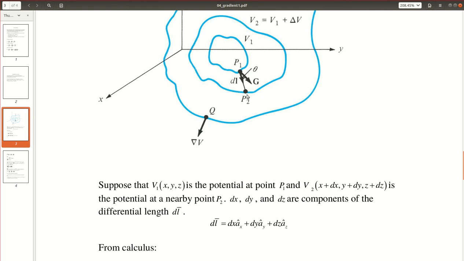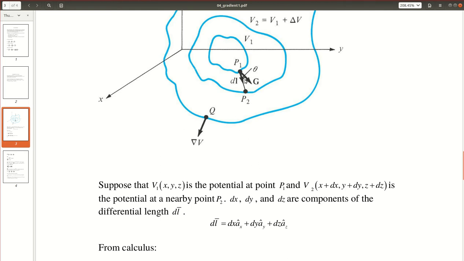The potential at point 2 is a very small difference, as there is a small displacement dl in the space: a small displacement in the direction of x, in the direction of y, and in the direction of z. So dx, dy, dz are the components of dl, and dl has direction ax, ay, az.